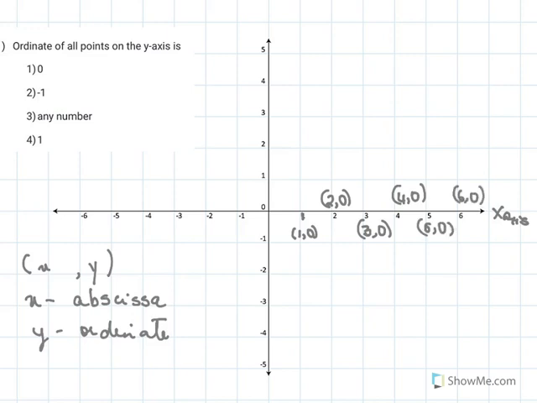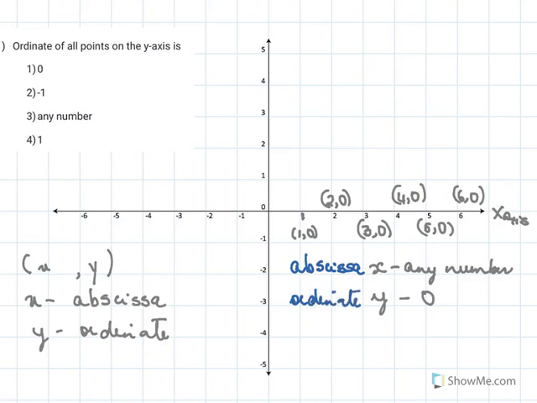So for the x-axis, the x-coordinate is any number, but the y-coordinate is always 0. So for the x-axis, you can say the abscissa is any number, while the ordinate is always 0.